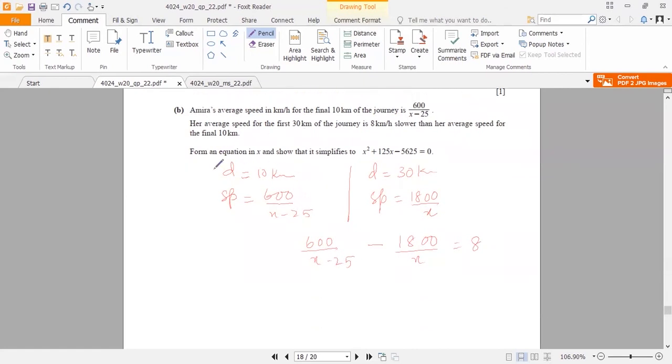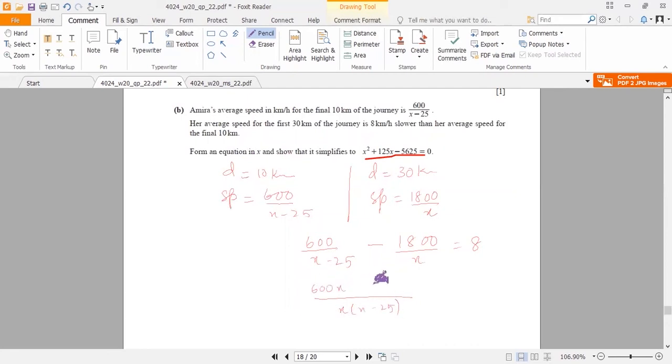Now to find the value of x, we need to firstly form an equation. Firstly we need to make the denominator the same, that is x minus 25.